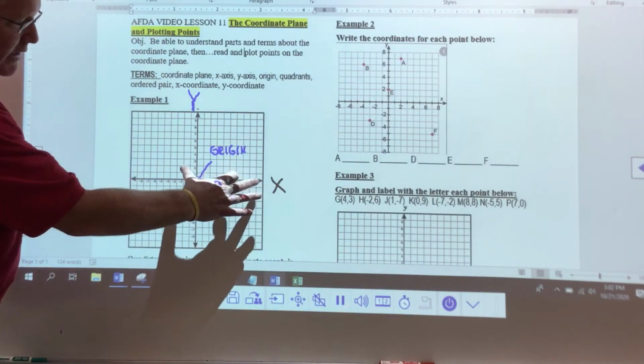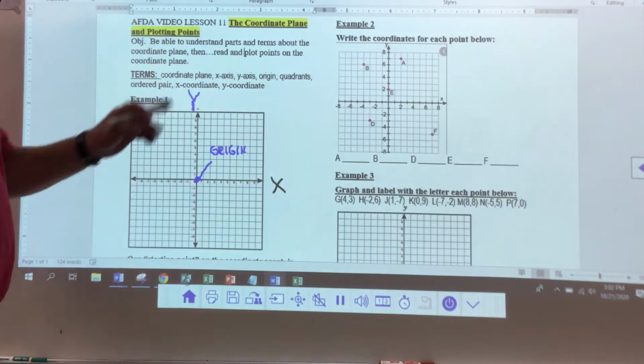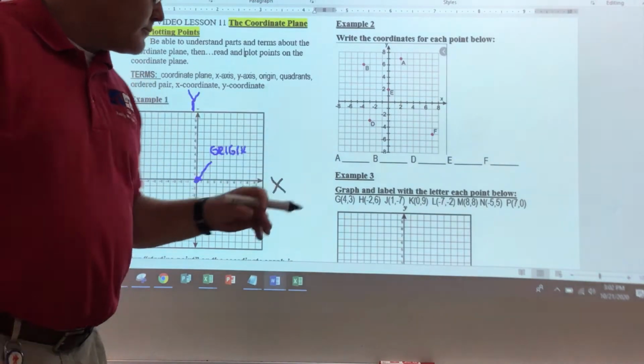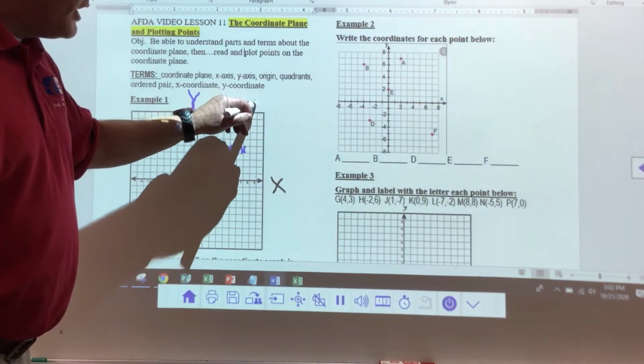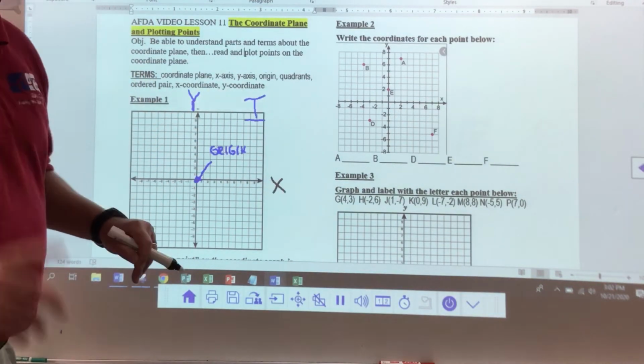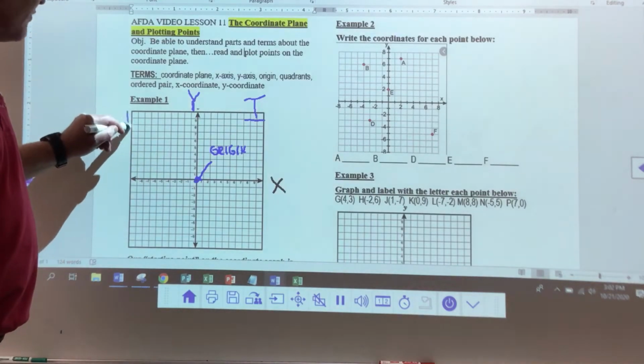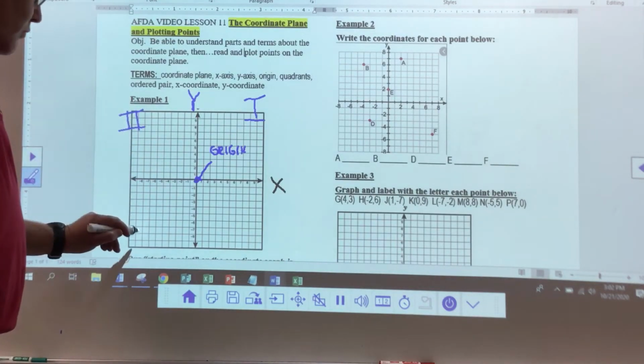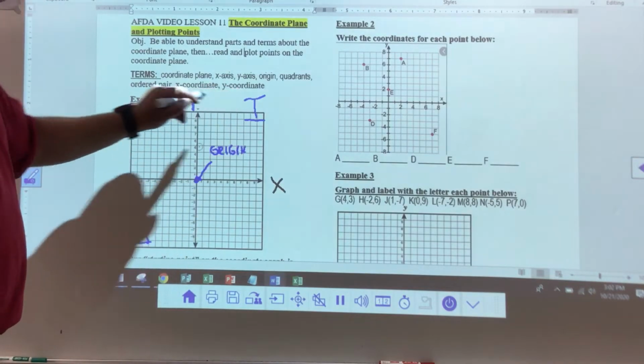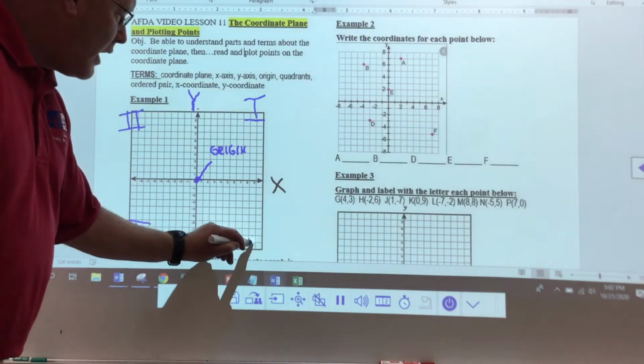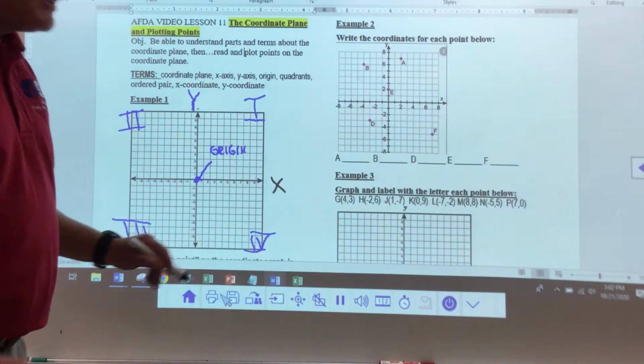Because these number lines intersect as they do, it divides this region into 4 areas called quadrants. The word quad means 4. Notice that I'm using Roman numerals here to talk about the quadrants: quadrant 1, 2, 3, and 4. Sometimes they ask where things are.